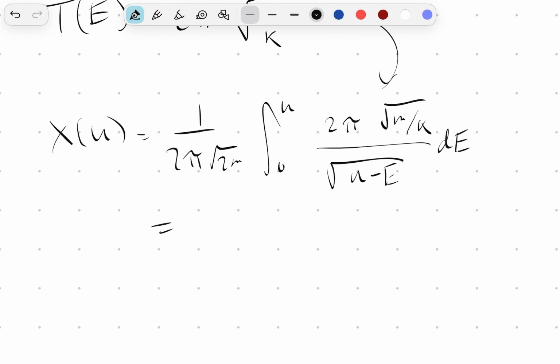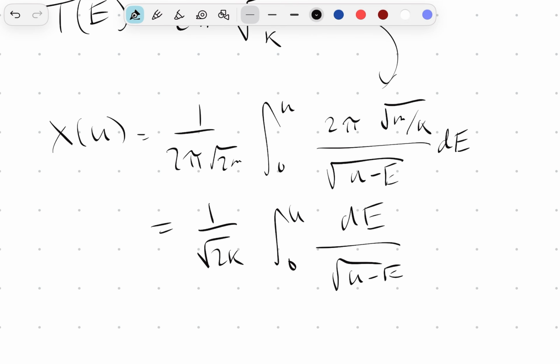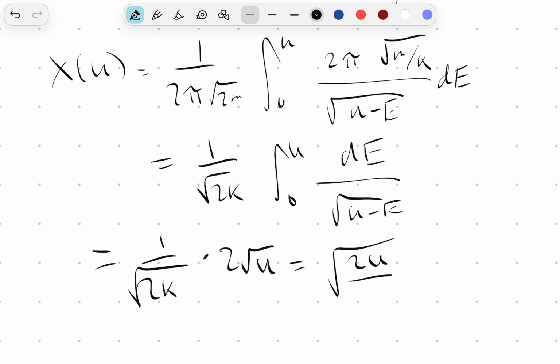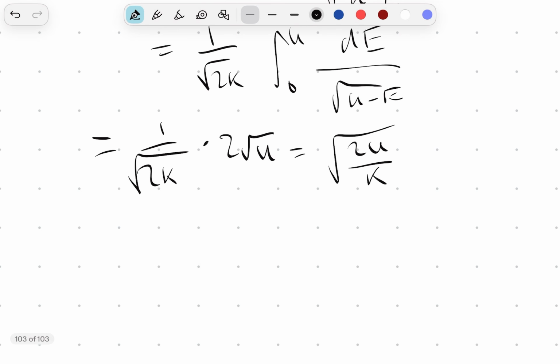Well, what that gives us is 1 over square root of 2k, times the integral of dE over square root of u minus E, which then would be equivalent to square root of u.